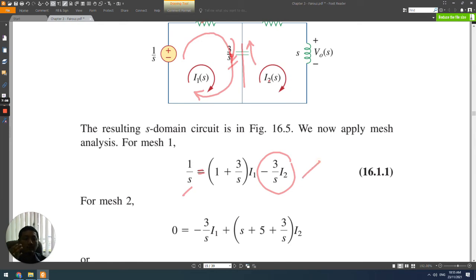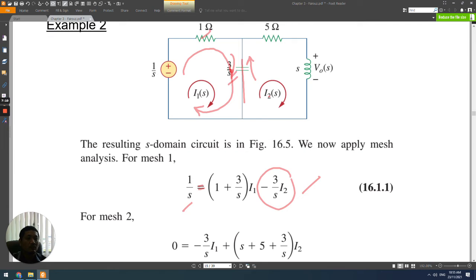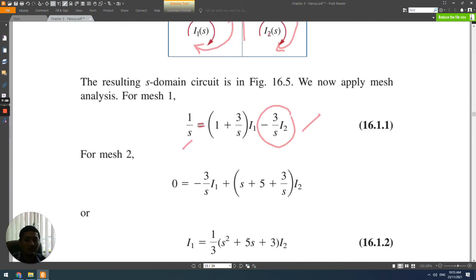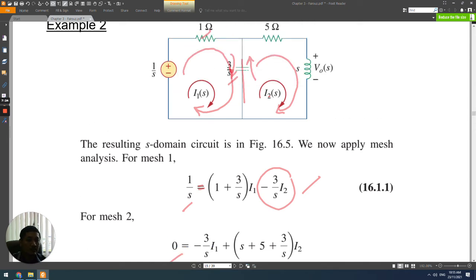Now let's go to mesh number 2. In mesh 2, we don't have any voltage or current source, so it is 0 here. Then for this component, we are now referring to I2, so we have I1 in the opposite direction.